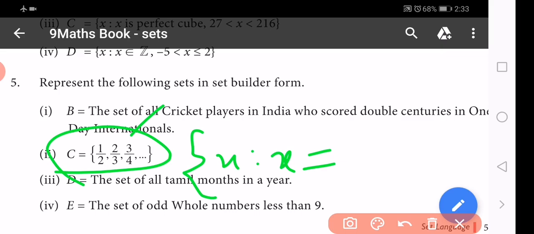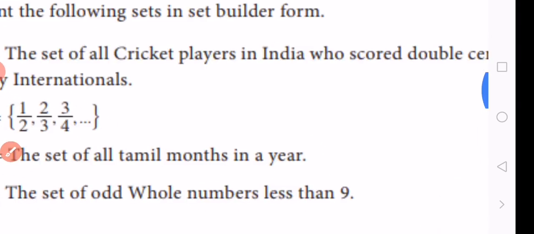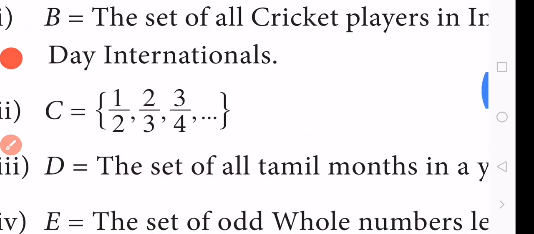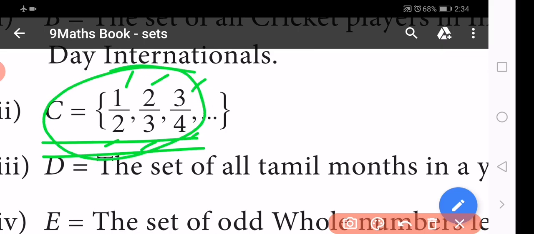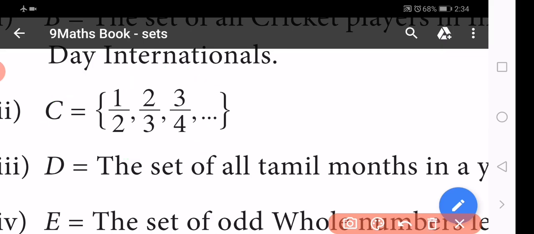In the first, we look at the example. First we understand what is the numerator and what is the denominator in the first number, and in the second number also, and the third number. So what are the common properties, or what is the rule, or what formulas are used in this set? Look, the numerator is 1, and the denominator is the numerator plus 1.